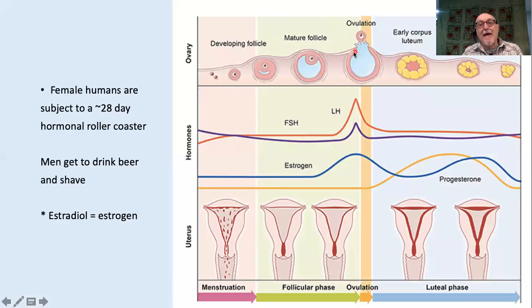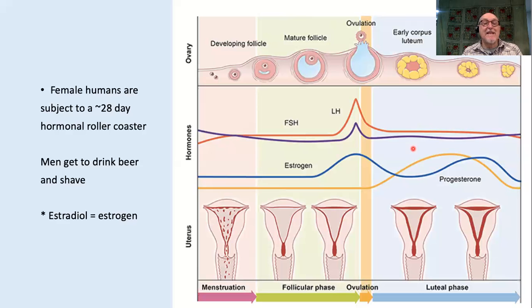This follicle does not just disappear. It heals up and forms this. It's called the corpus luteum. And it is filled with these yellow colored cells. And it is actually an endocrine gland all on its own.